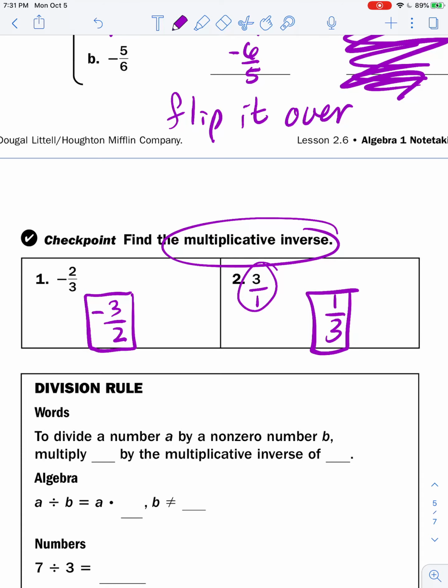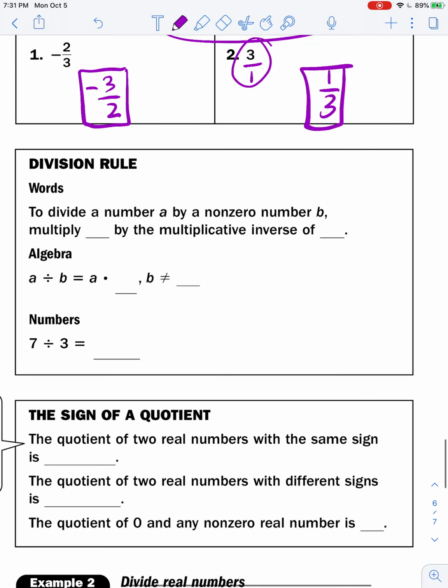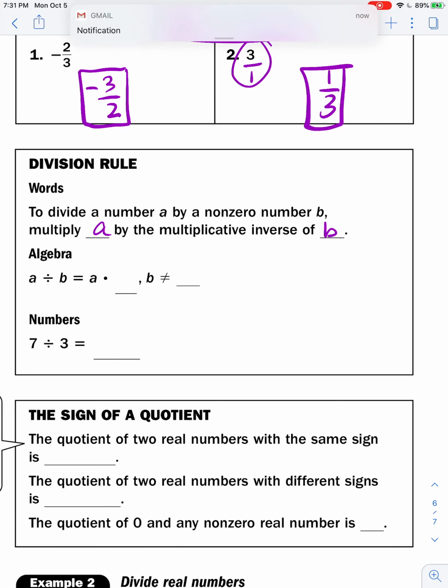So the division rule, again, we're not really going to end up dividing, because to divide a number a by a non-zero number b, multiply a by the multiplicative inverse of b. Okay, what does that mean?